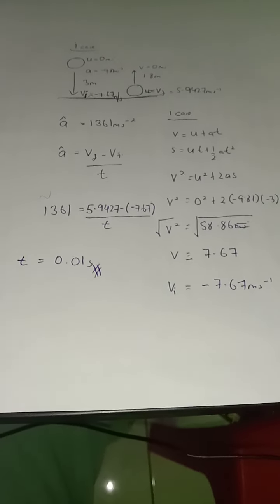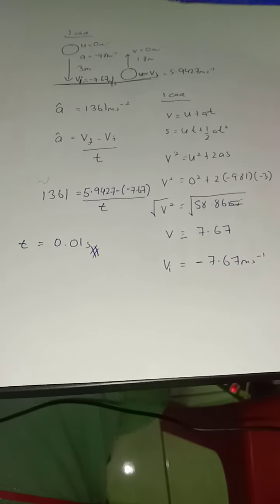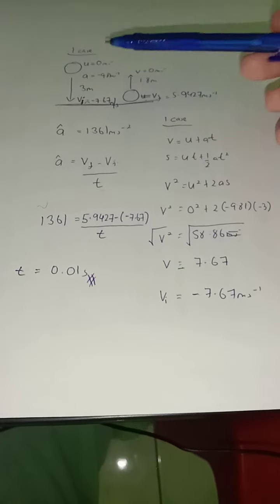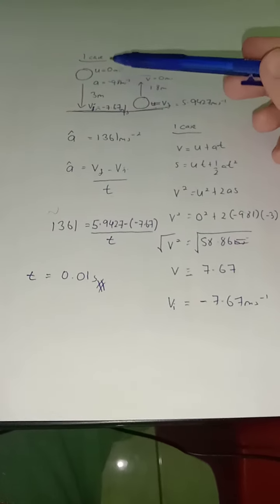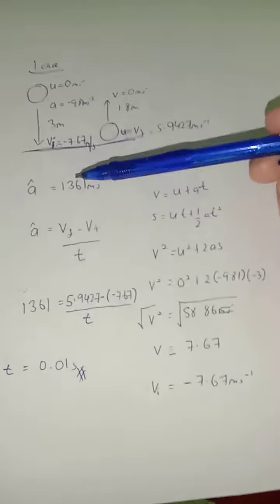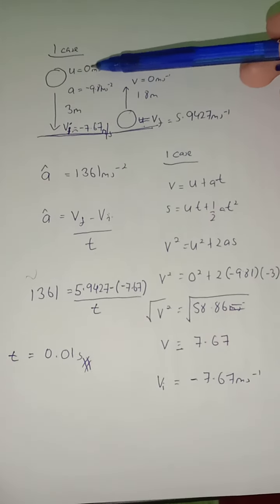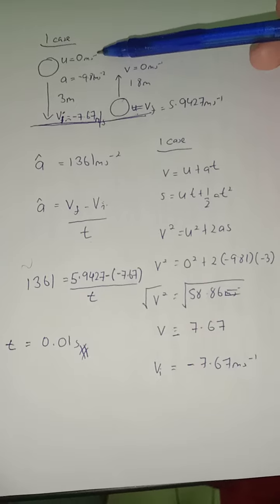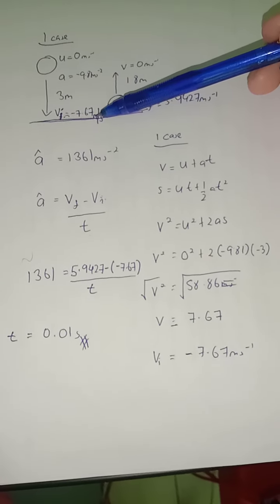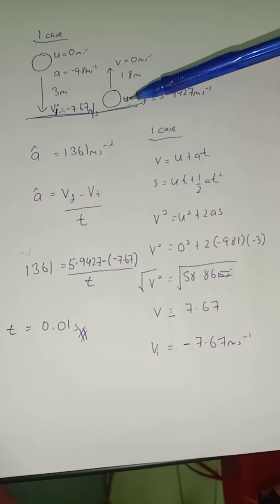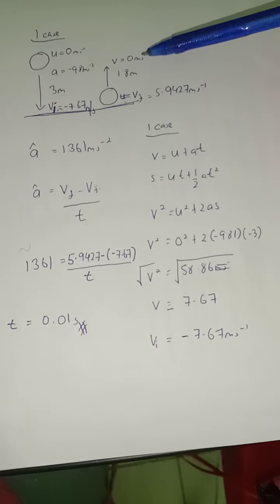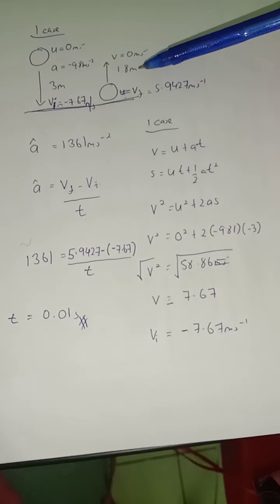We recap again. You need to understand that a tennis ball is being dropped from a height of 3 meters. In the first case, when it's dropped, the initial velocity is 0, so we find the final velocity. In the second case, it rebounds back, so we have an initial velocity and a final velocity of 0, and the height is 1.8 meters.